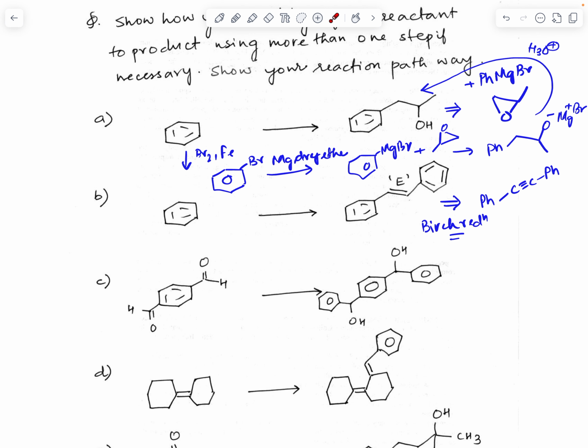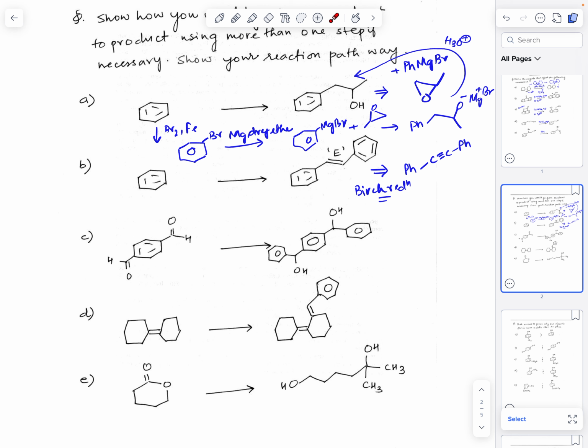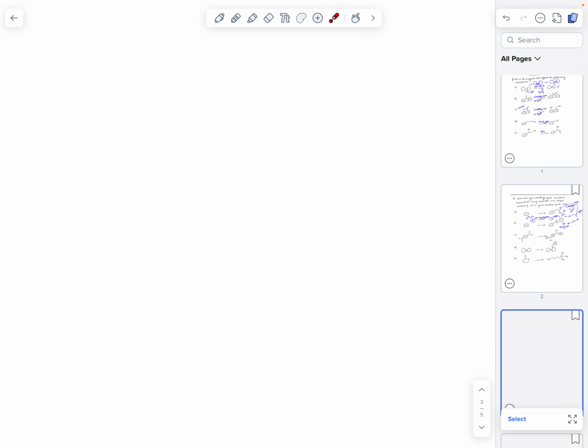So if I start with benzene, I got to think about this for a second. Give me a brief minute. And I think I'm going to run out of space out here. So let me go ahead and add a page after the sheet, and let's think about it on this page.